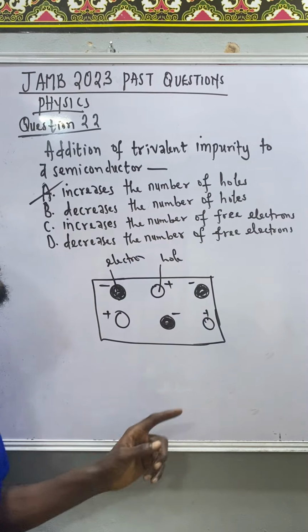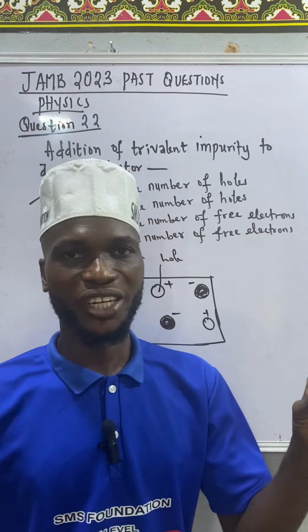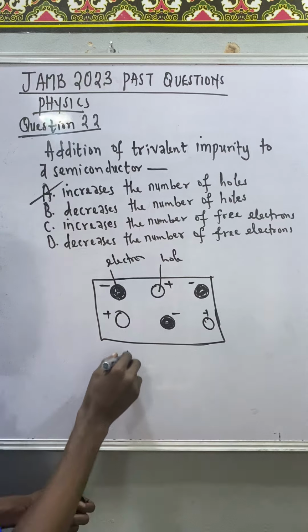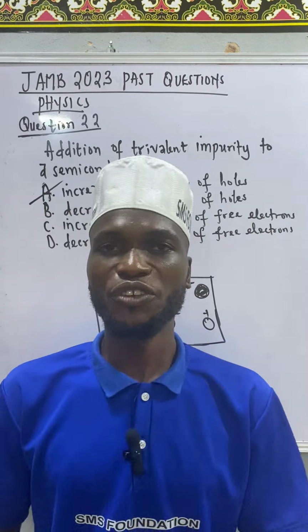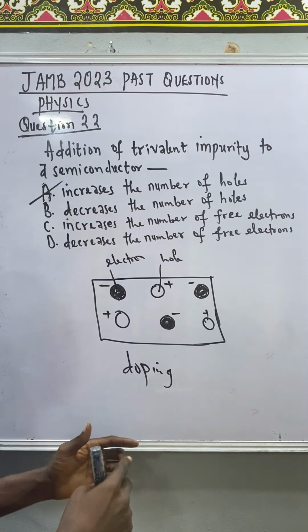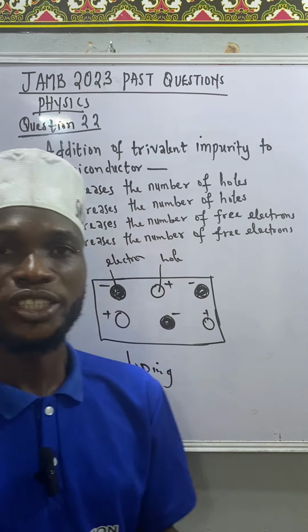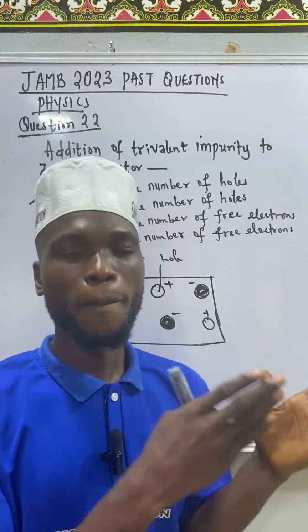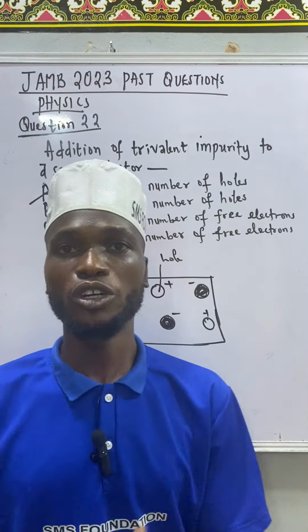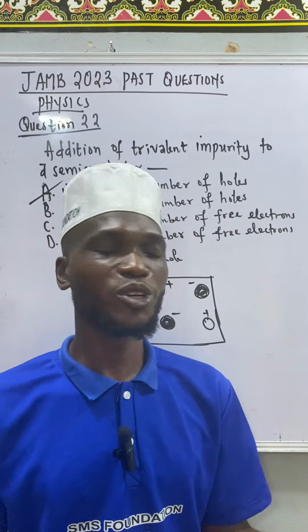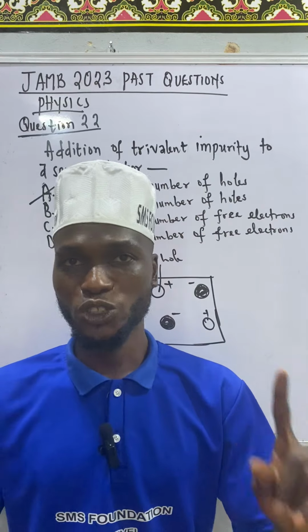Now, there is something we call doping. D-O-P-I-N-G. If we want to turn the semiconductor to a positive one, we carry out doping. If we want to turn it to negative semiconductor, we also do doping.